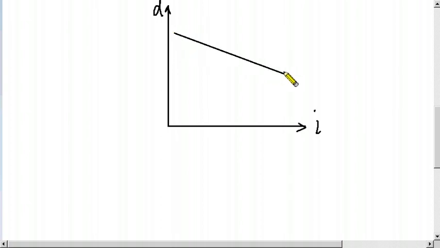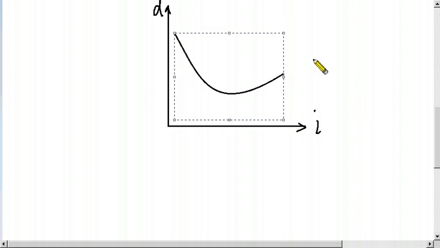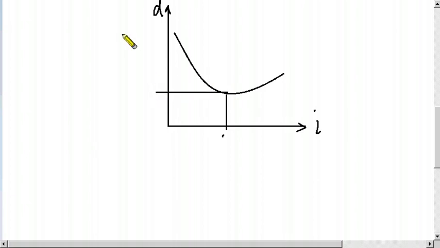So the graph is like this. It has a minimum, somewhere around 37 degrees normally. This is the deviation read from the y-axis, normally 37 degrees, at a certain I value.